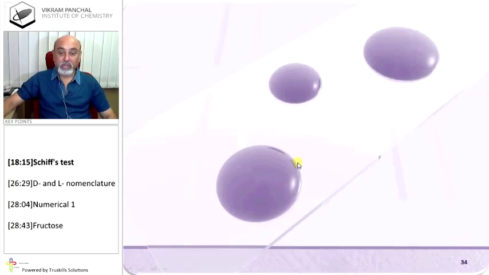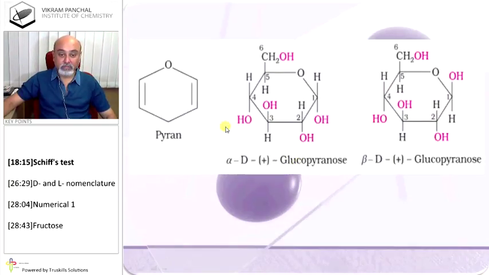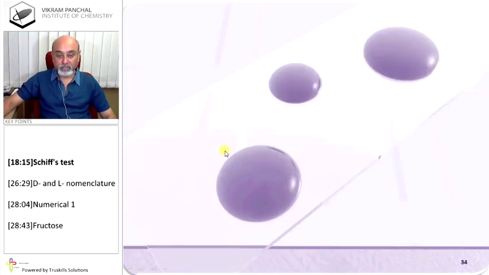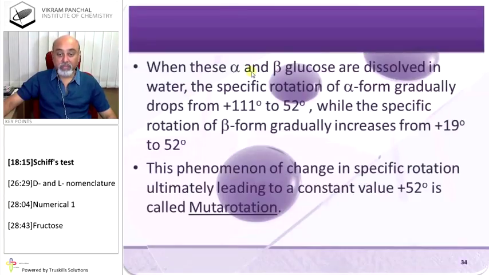This process is known as mutarotation. When these alpha and beta glucose are dissolved in water, the specific rotation of the alpha form gradually drops from 111 degrees to 52 degrees, while the specific rotation of the beta form gradually increases from plus 19 to plus 52 degrees.